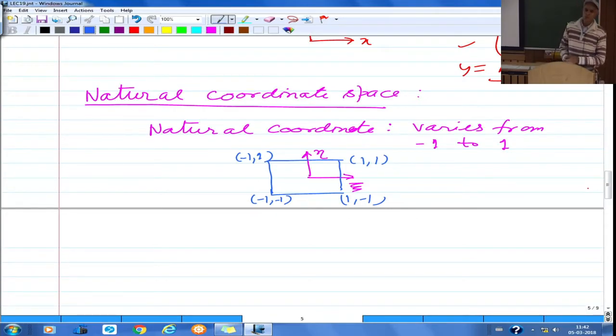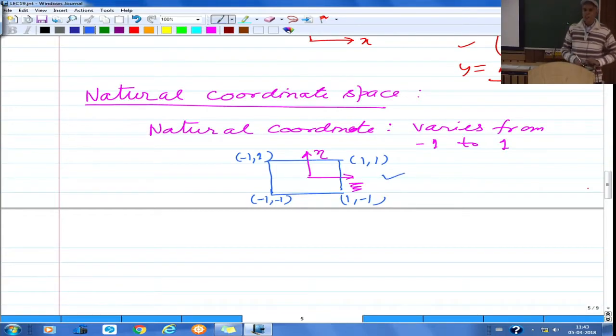And then what we do, so now this is a natural coordinate space. Our actual problem is maybe the physical domain like this plate or maybe this screen or any other geometry. That's a physical space, in actual dimensions, the actual size of the problem domain. But now you are doing the interpolation in this particular domain.